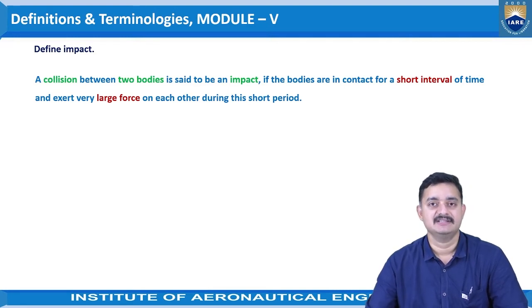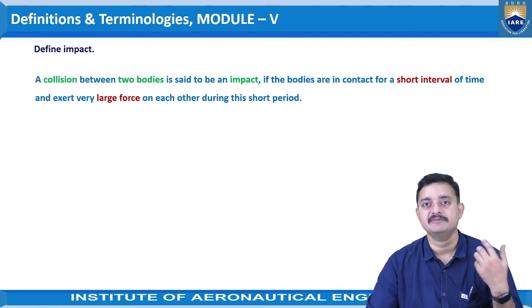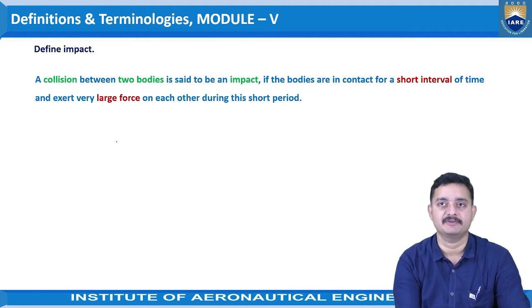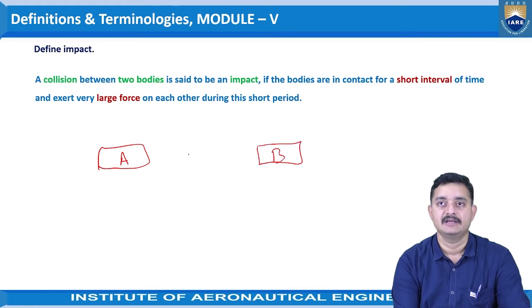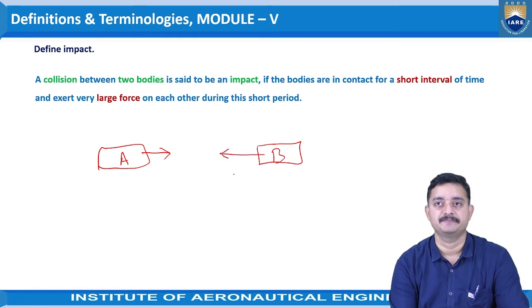We can take the best example of two cars getting collided, or getting into an accident. Let us say one car is coming from the left side and another car is coming from the right side. This is car A and this is car B, and this car is coming in this direction and this car is coming in this direction.